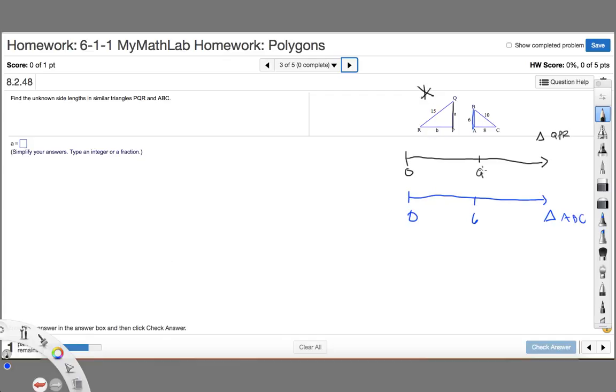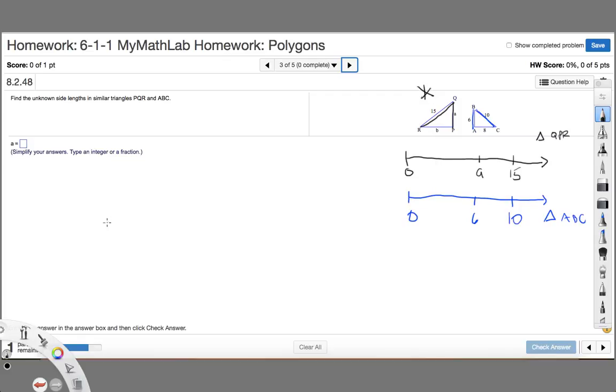And so you're like, well, 6 and A, that doesn't help. True, I can appreciate that. However, we also know that 10 units of distance on triangle ABC correspond to 15 units on triangle QPR.